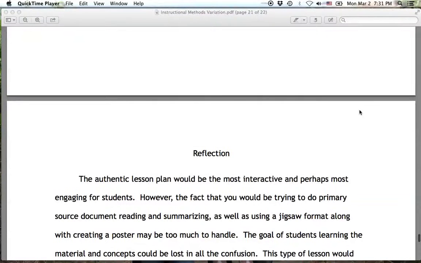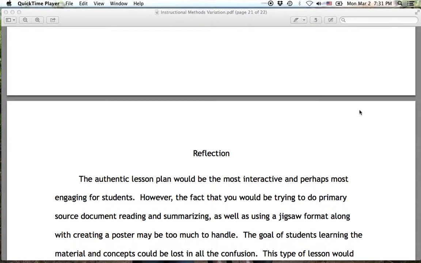And then in my reflection, I put that the authentic lesson would probably be the most interactive and engaging for students, but I think it would also be difficult to do because you're trying to do a lot of stuff.